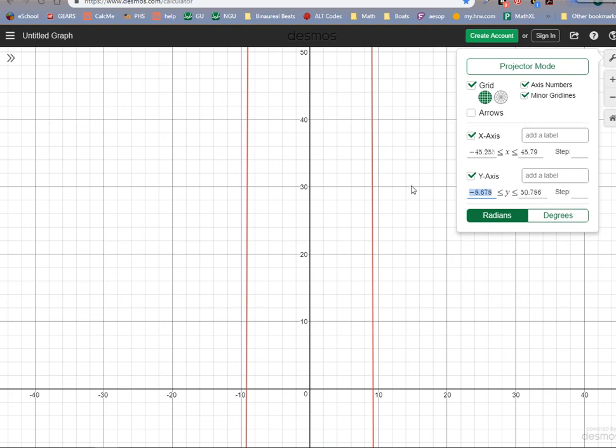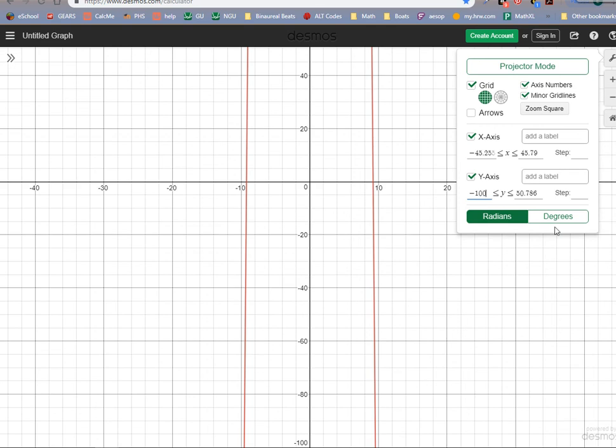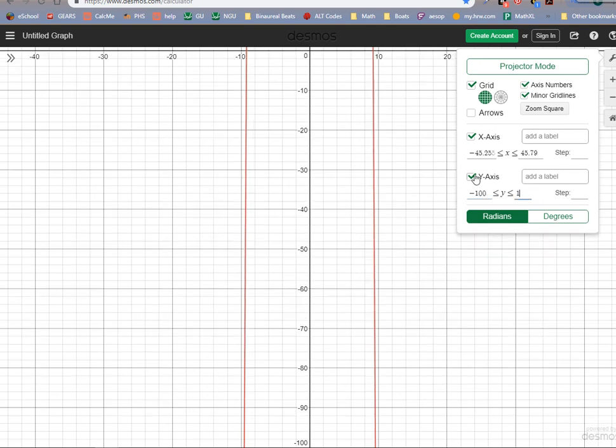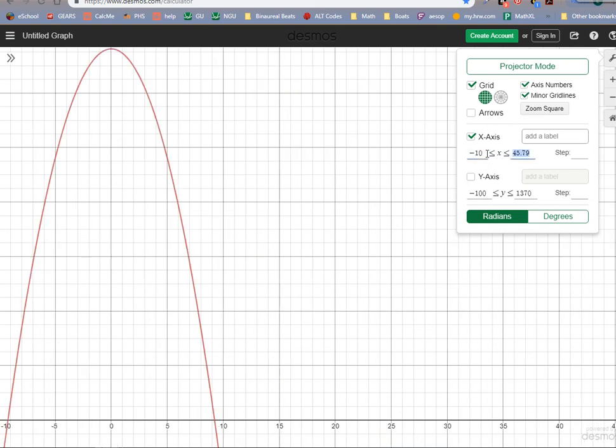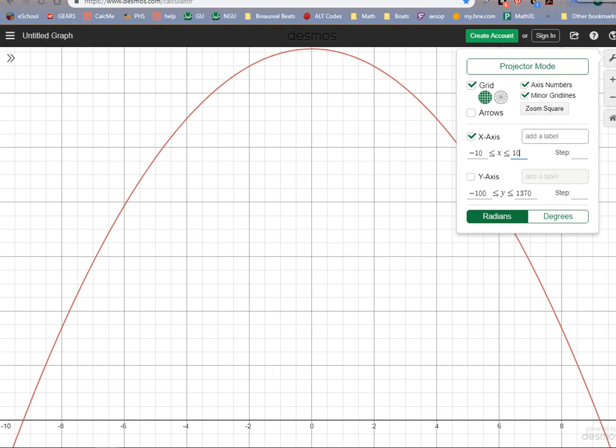Let's go negative 100 to 1370, good enough, and from negative 10 to 10. Okay? So there's what this thing looks like. Now, we really only were interested in the part that started at t equals 0, because we're going forward in time for when we drop this thing.